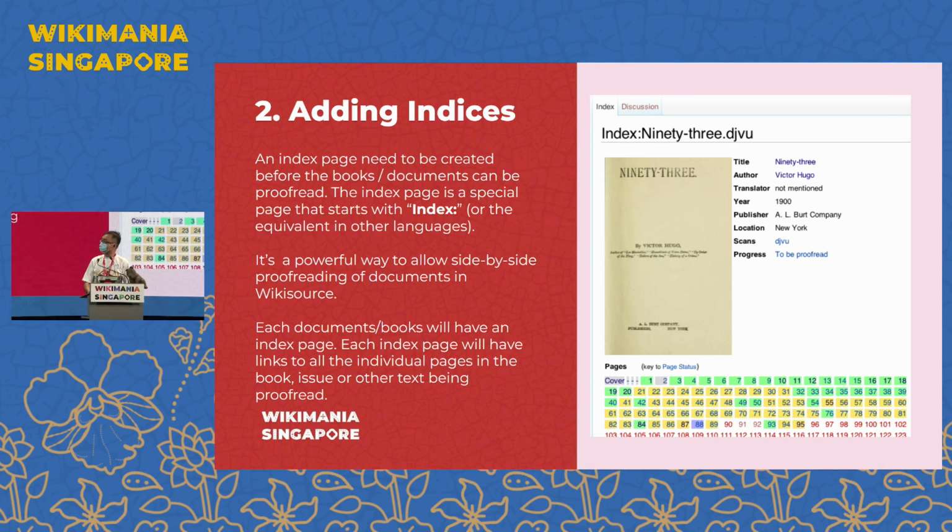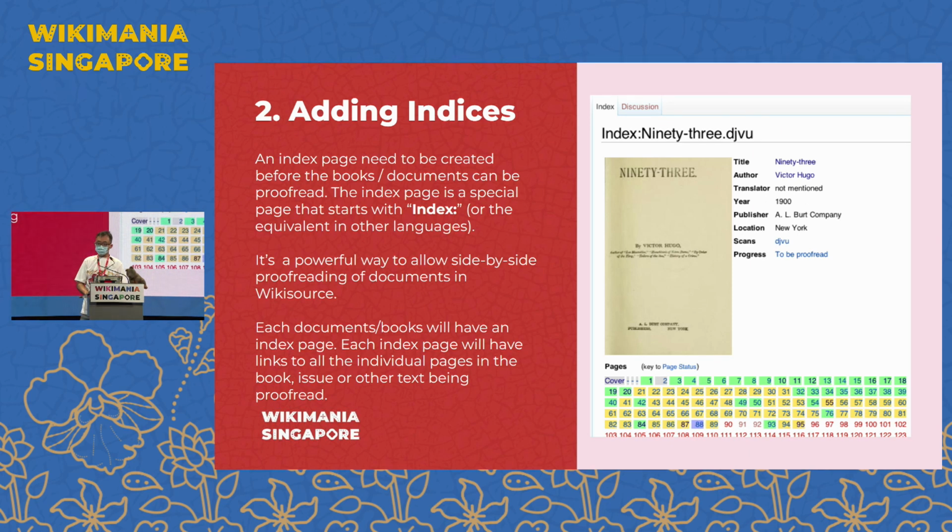We need this special index page because it has the metadata, title, author, etc. But more importantly, it has the page list of the document, if it's a book or another kind of printed document. You see a lot of colors in the page numbers. I will explain it to you later.